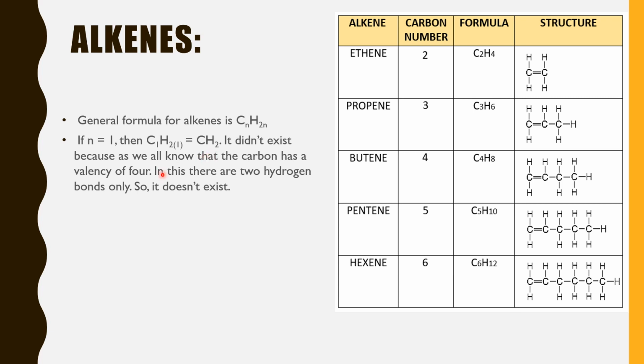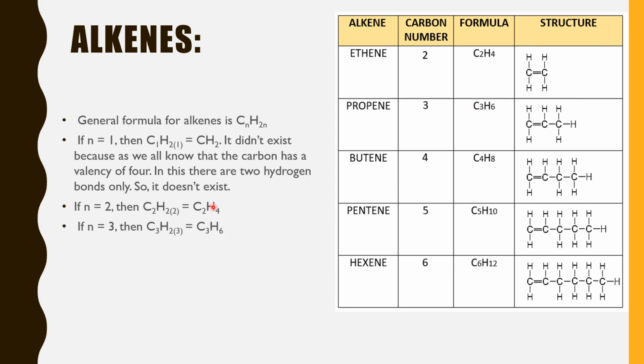Then n equal to 2, put 2 in the n place, so CnH2n is equal to C2H(2×2), so C2H4. This is the first molecular formula for alkenes. It is named ethene, and this is the structure of ethene.